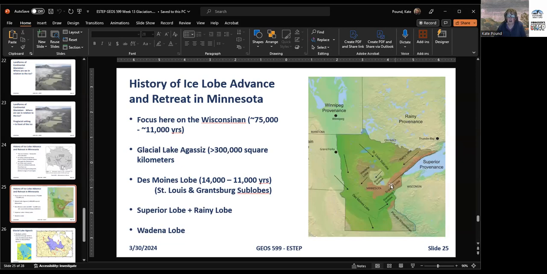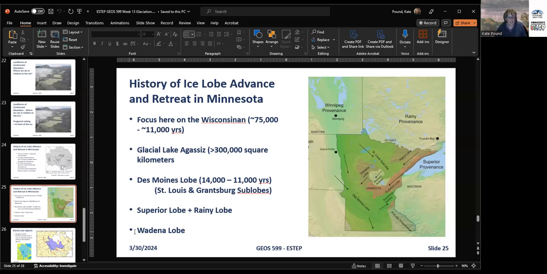And then that Superior lobe deposited what is the St. Croix moraine. So that's the area in this sort of slightly reddish color here. And at the same time, there was the Rainy lobe moving more directly from the north.